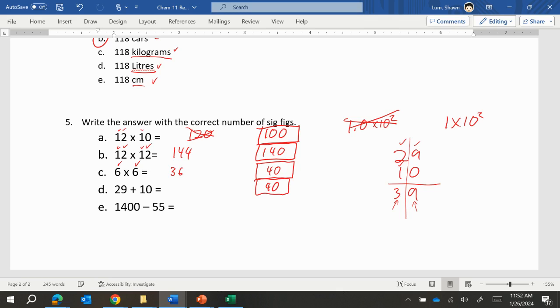Okay? Now, here's where it gets a little bit weird. We have 1,400 minus 55. And so what we have to do right here is the same principle and draw our line of significance. So significant, significant, significant, significant. These ones are not. So my line is going to be right here. I'm just going to do my math like I normally would.